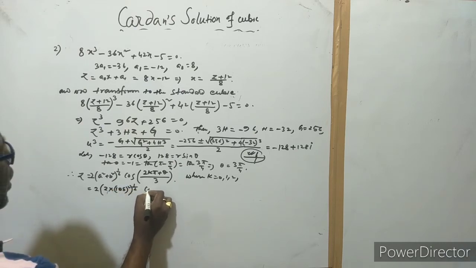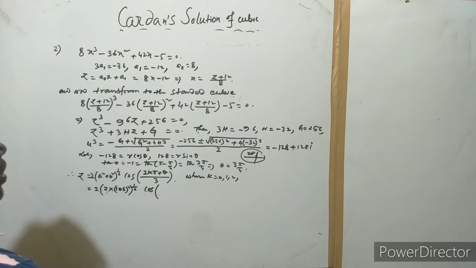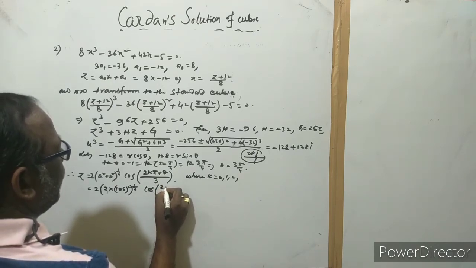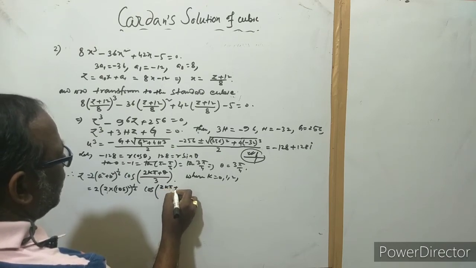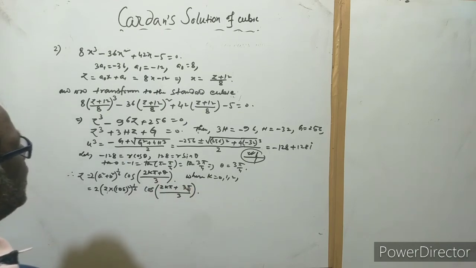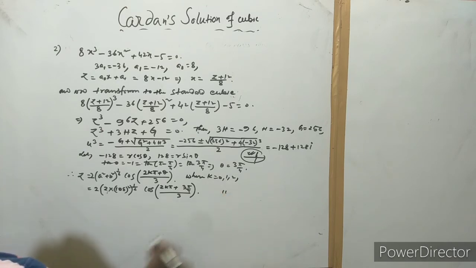Okay, and cos of 2k pi plus 3 pi by 4 whole divided by 3, and proceed for k equal to 0, 1 and 2.